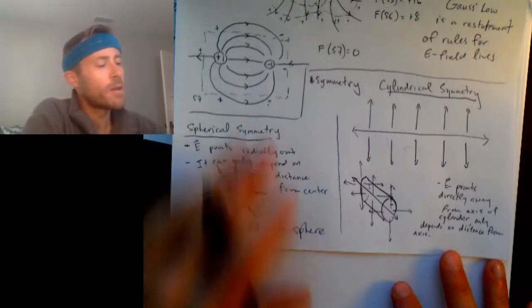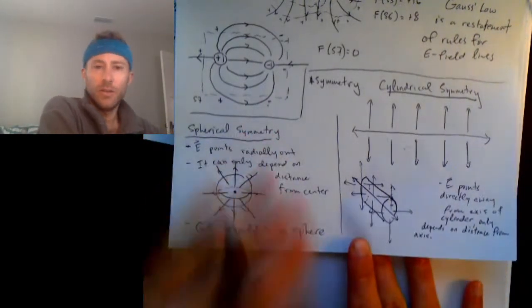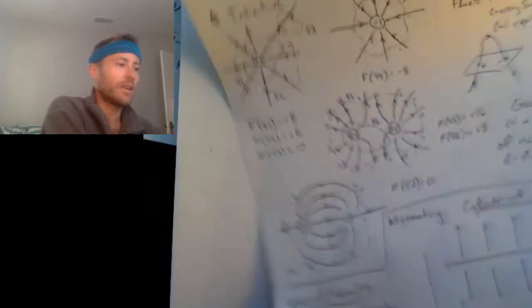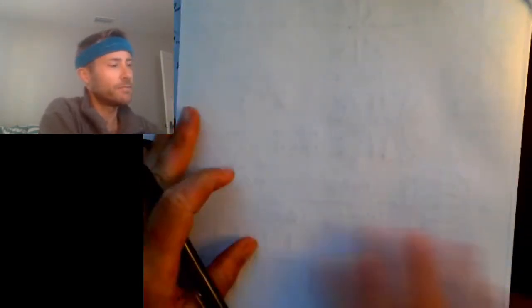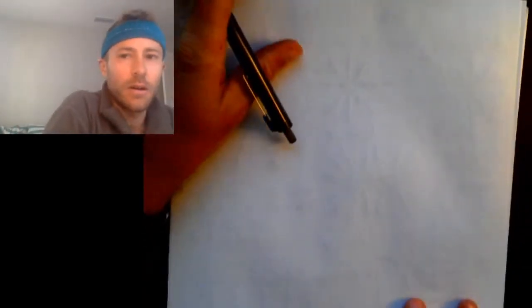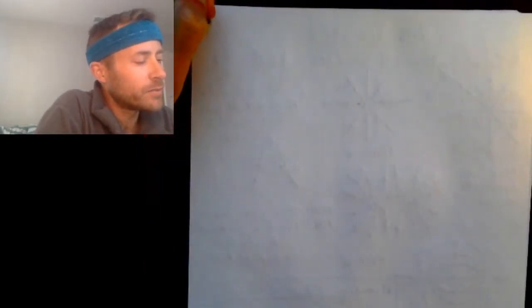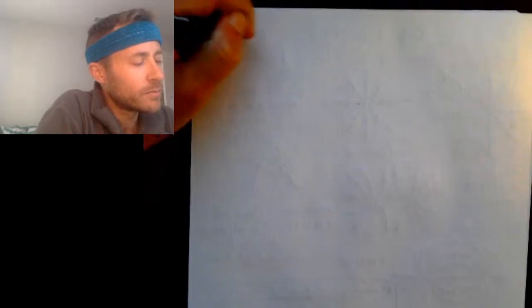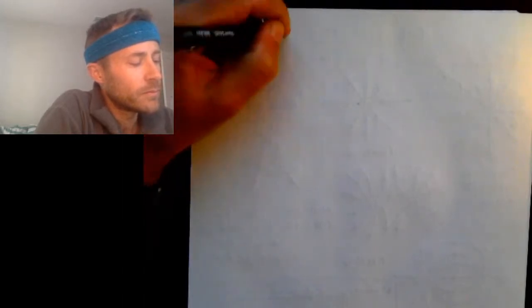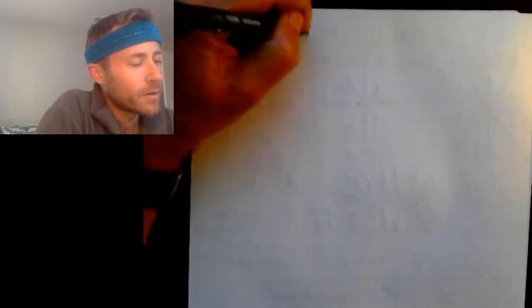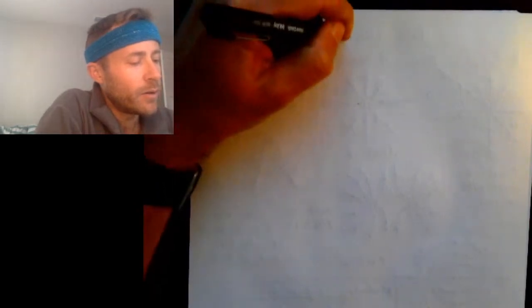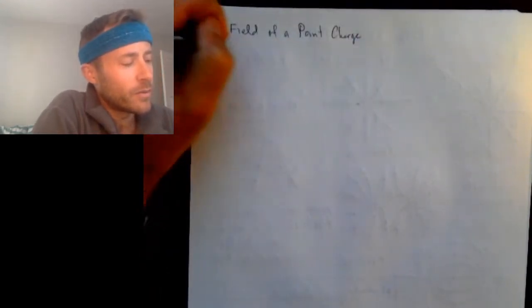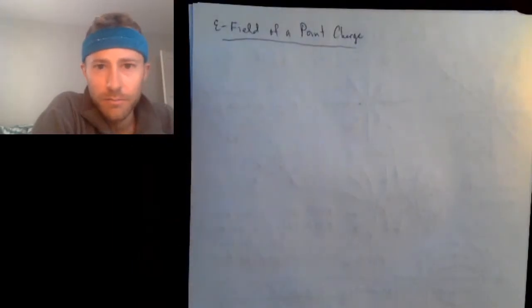Now we're going to use these facts to actually calculate some electric fields. The first one I want to talk about is the electric field of a point charge. We already learned what it is.